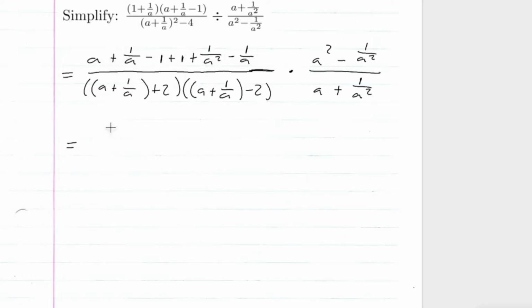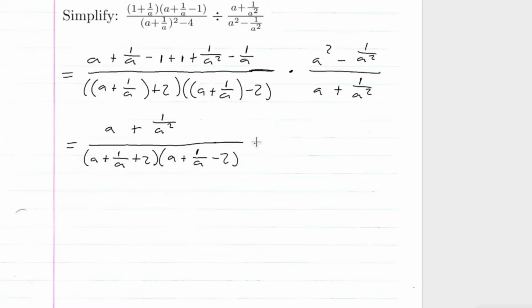There's no other a, so a is going to be up there. 1 over a, negative 1 over a, those turn to 0. Negative 1, positive 1, those turn to 0. So all we're left with is a plus 1 over a squared, and that's going to be over that a plus 1 over a plus 2, and then a plus 1 over a minus 2.